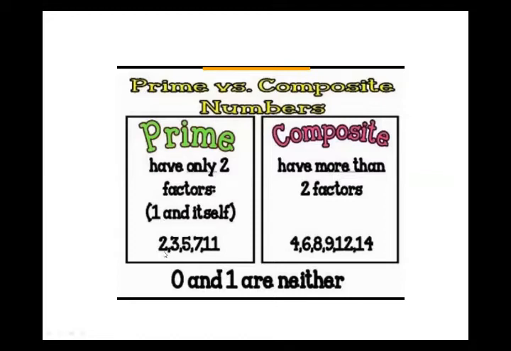So here you can see that the numbers 2, 3, 5, 7, and 11, all of these are prime numbers if we find the factors of these numbers. And the composite numbers have more than two divisors. So the numbers 4, 6, 8, 9, 12, and 14, all of these numbers have more than two divisors.